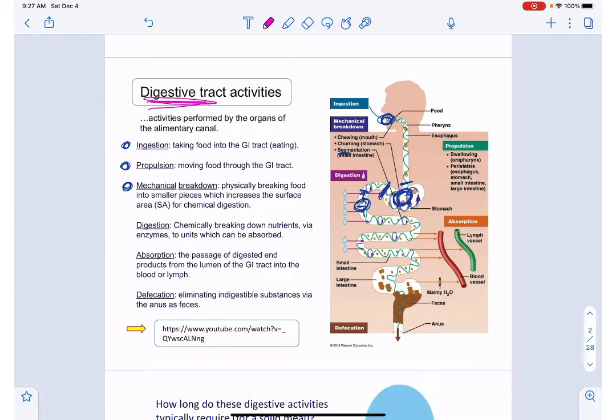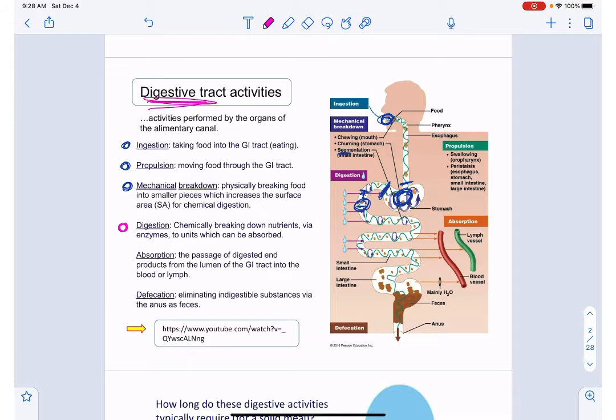The next digestive tract activity is digestion. And digestion refers to chemically breaking down nutrients into smaller units. And this occurs via enzymes. There's enzymes in the digestive tract that are going to chemically break down nutrients into smaller units.